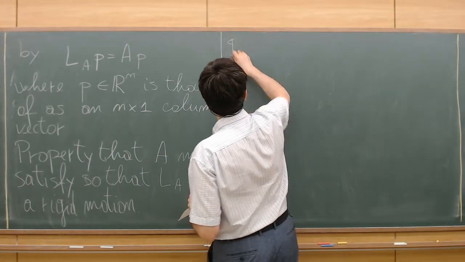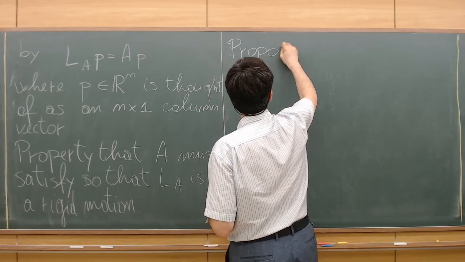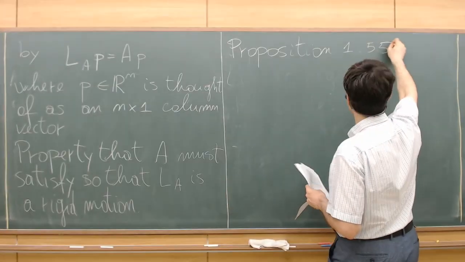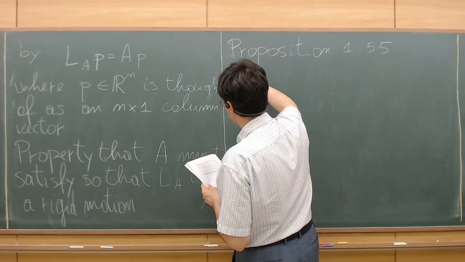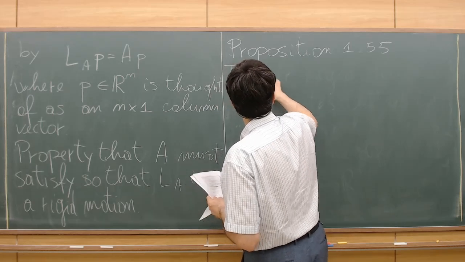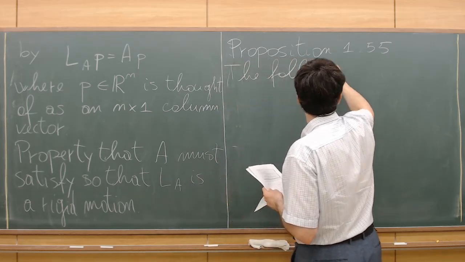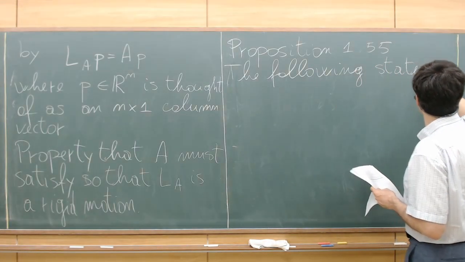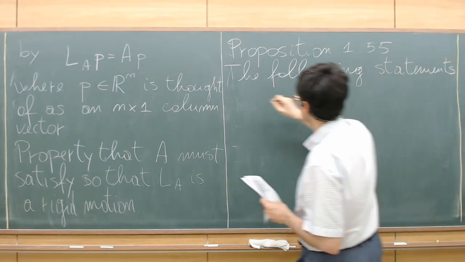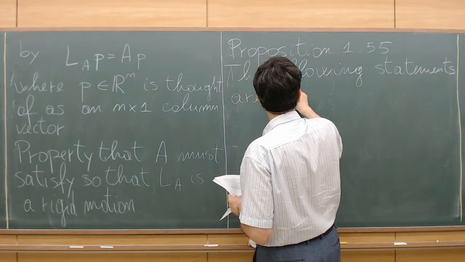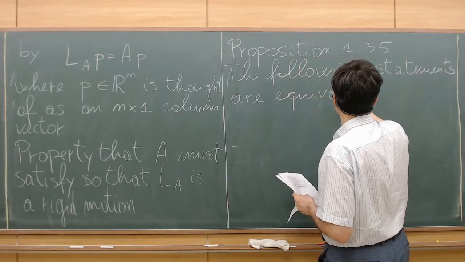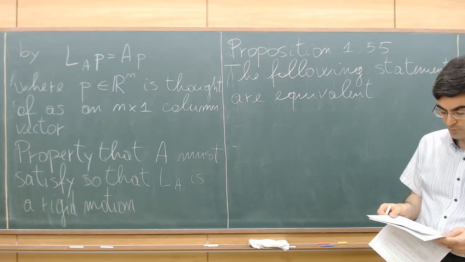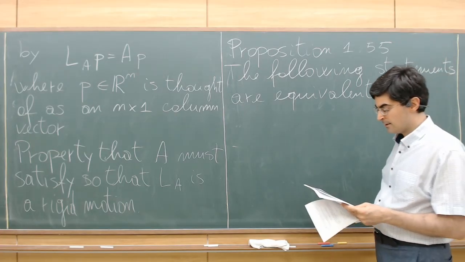It's proposition 1.55, which says that the following statements are equivalent. So now I will present a list of 6 statements, and then I will prove they are equivalent in the following order.